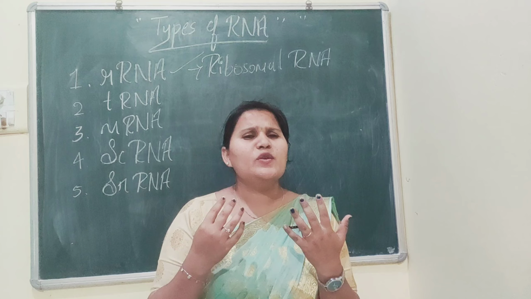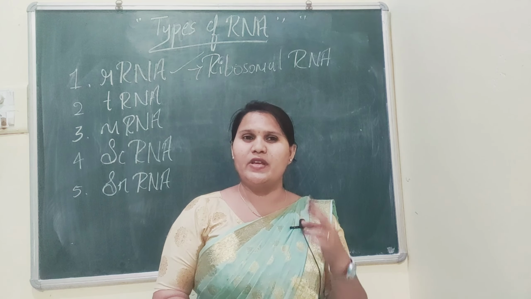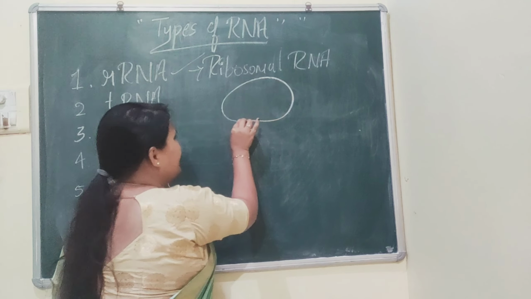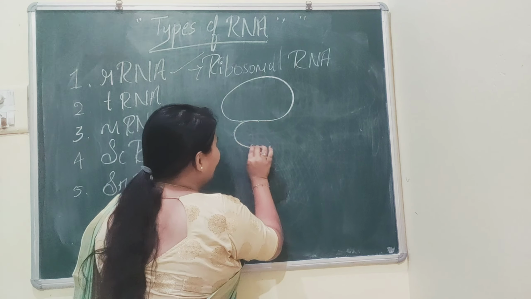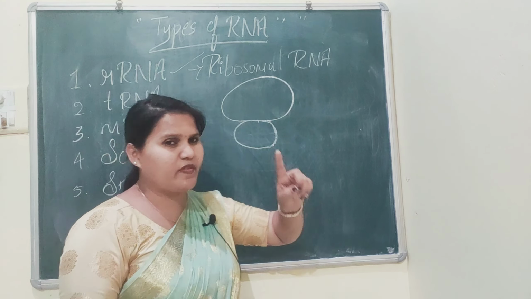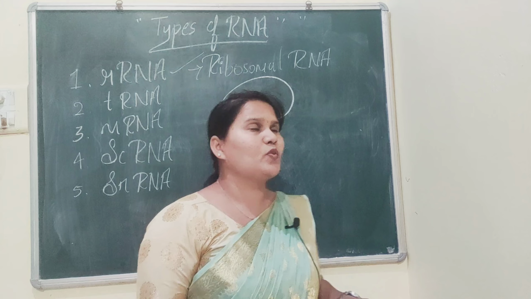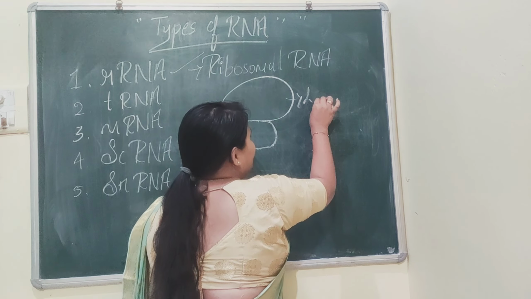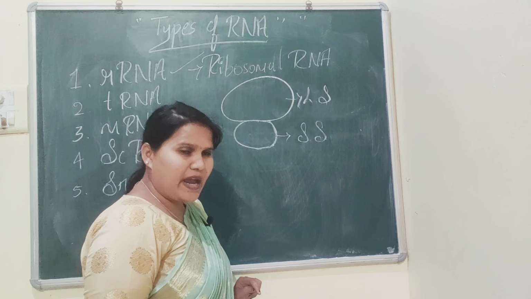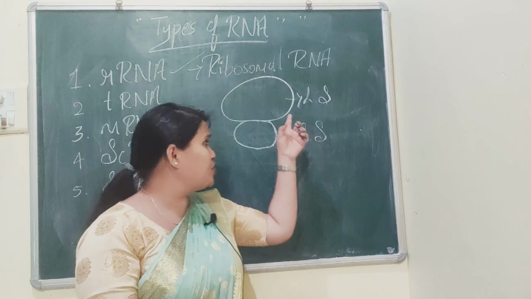Before that, when we look at the structure of the ribosome, how will it be? It will be composed of two subunits, right? That is one larger subunit and another smaller subunit. Yes or no? But these two subunits should stay intact, they should be attached.